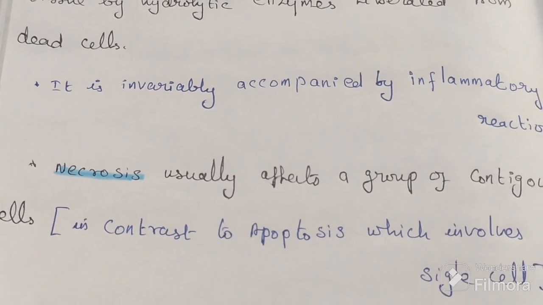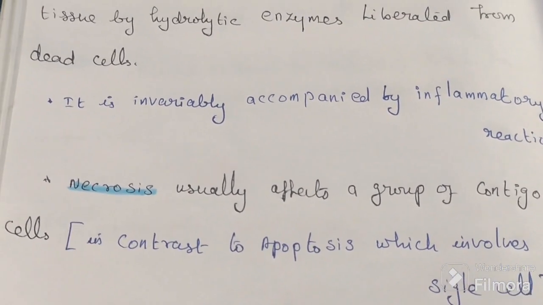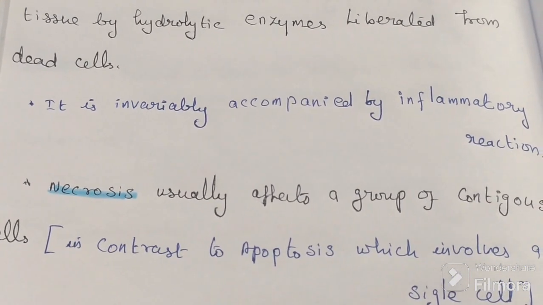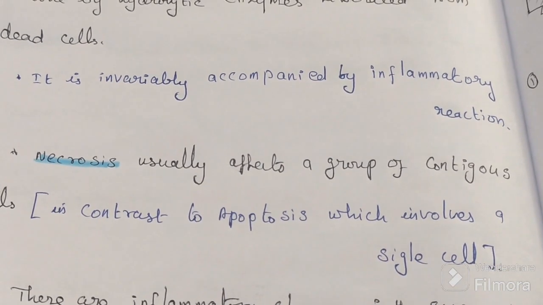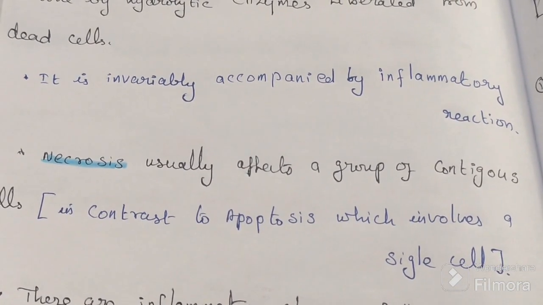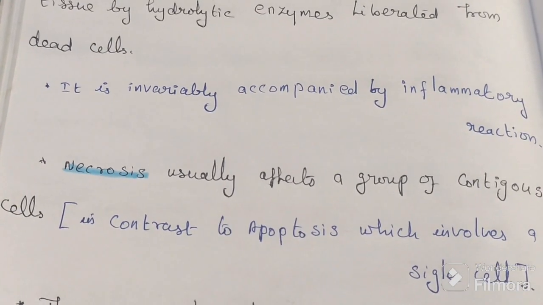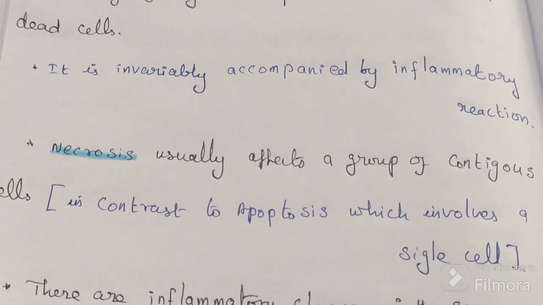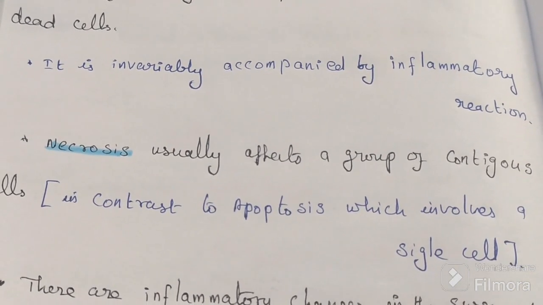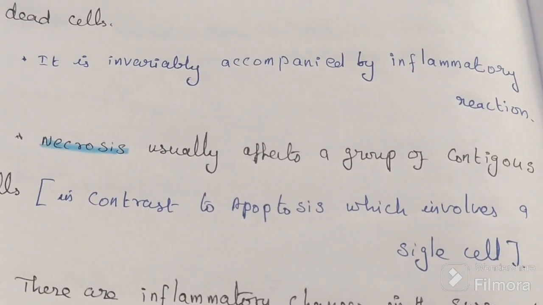Here inflammation takes place. In apoptosis, there is no leakage and no inflammation, but here both are features. Necrosis usually affects a group of cells, whereas in apoptosis only individual, single cells are affected. Here a group of cells is affected, with inflammatory changes in the surrounding tissue.